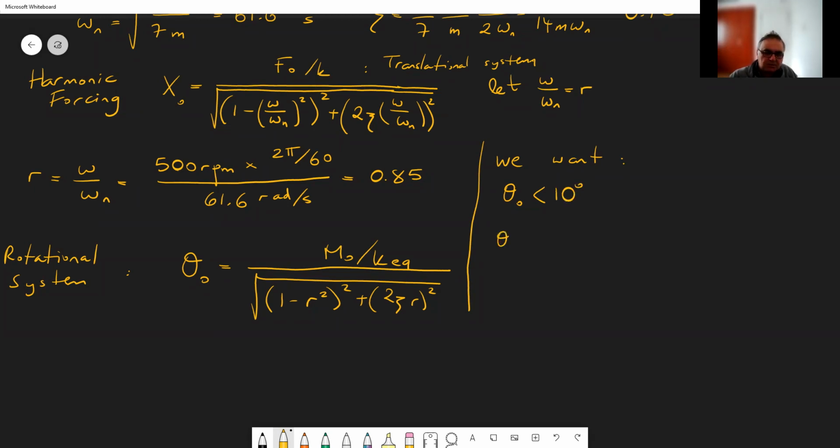We use radians. Theta 0 less than 10 times 2 pi over 360, which is pi over 18 radians.